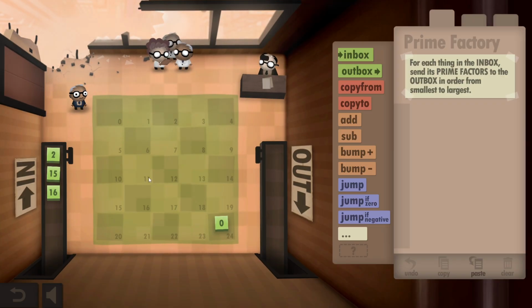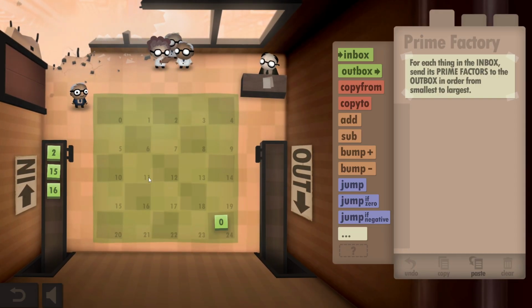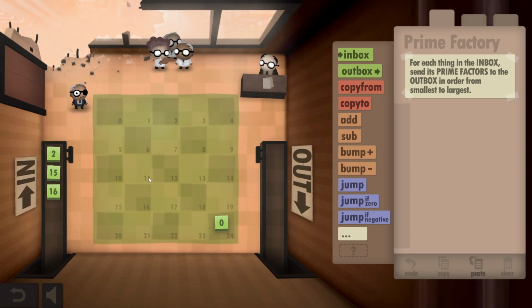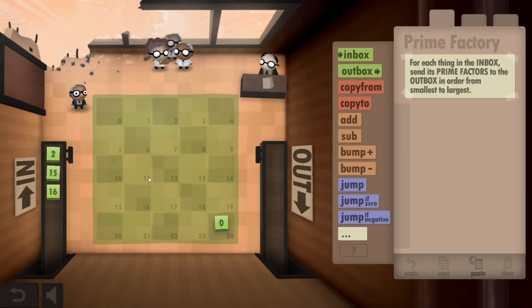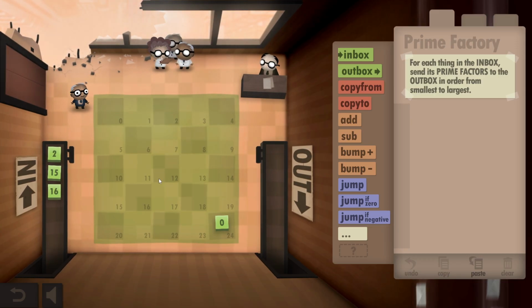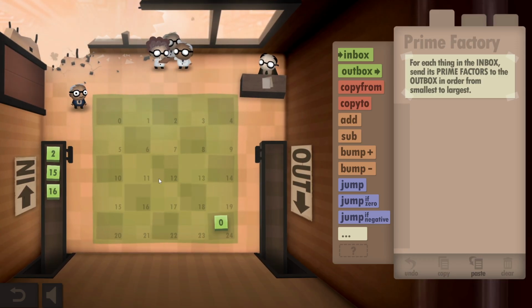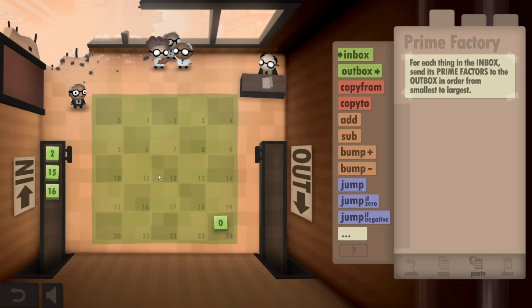15 should be 3 and 5, right? It took me a while to even get that by just forcing it, but how do we check that? Oh, okay.